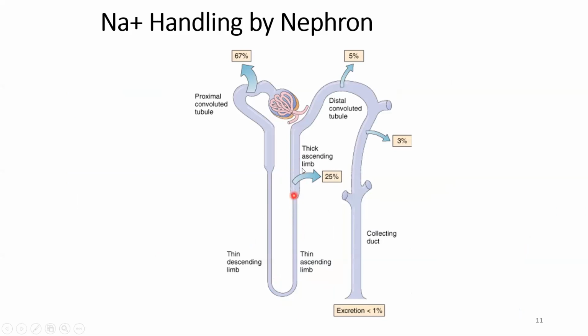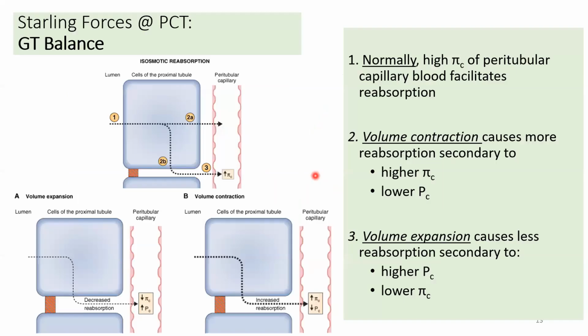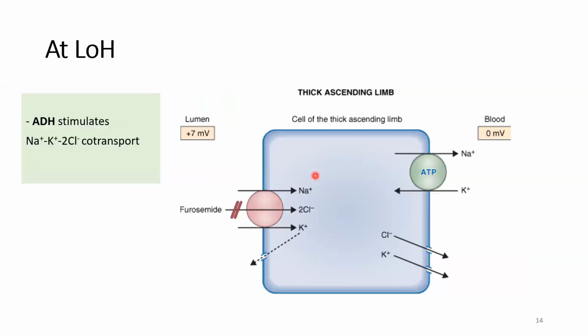The thin descending and thin ascending limbs don't do much in terms of sodium. It's the thick ascending limb which deals with 25%, so a significant amount of sodium gets picked up here. This is that amount, and what happens in this section is what we are discussing here. You can see that there is a big symporter on the luminal surface, which takes one sodium, two chloride, and one potassium in one go.